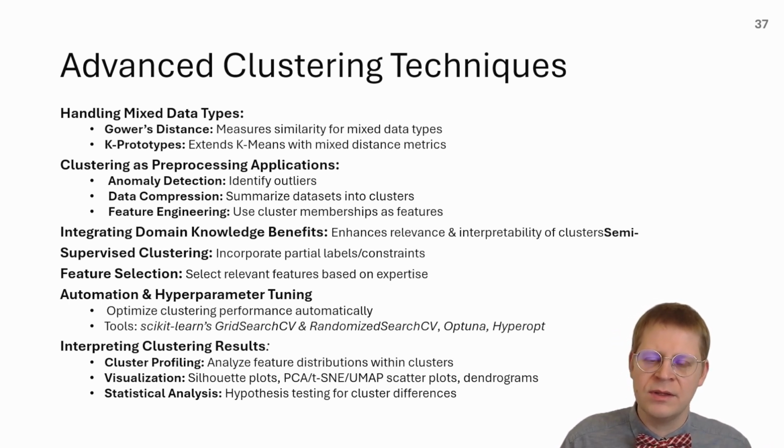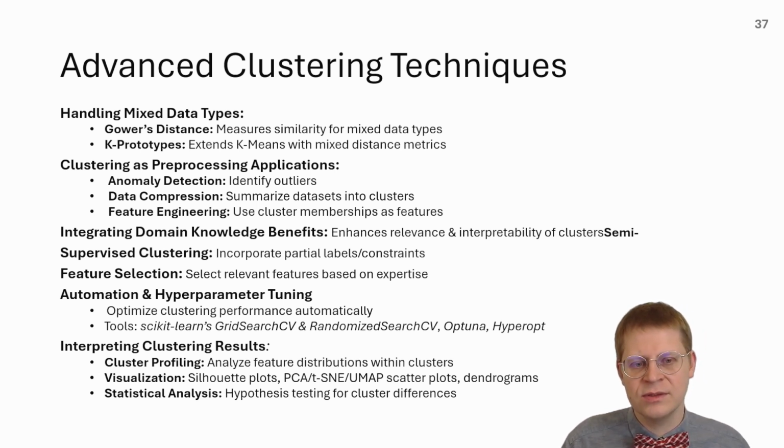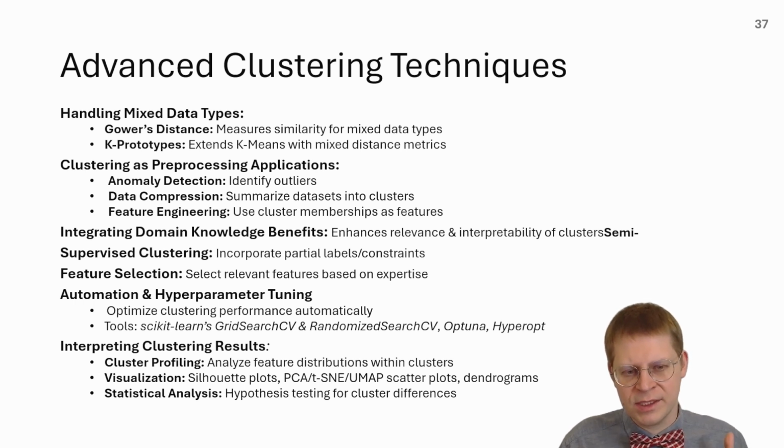Another advanced task that you might consider is preprocessing. Clustering isn't just for grouping, it can serve as a powerful preprocessing tool. You can have it as a part of the anomaly detection pipeline. It can identify outliers that do not fit into any cluster.